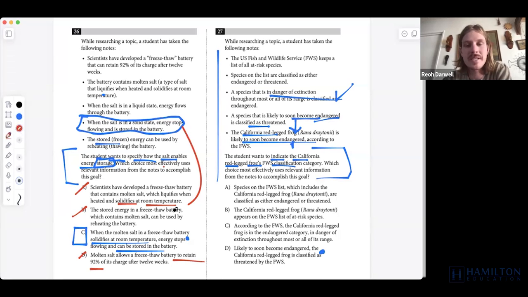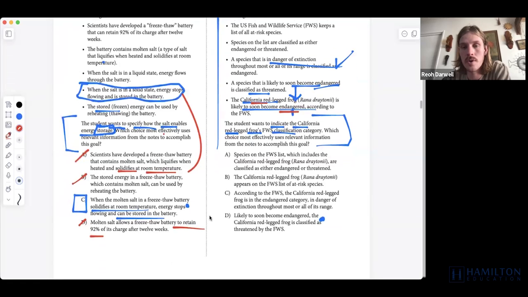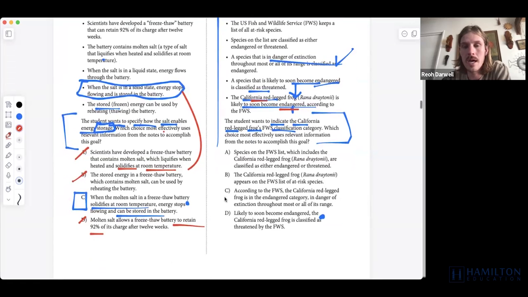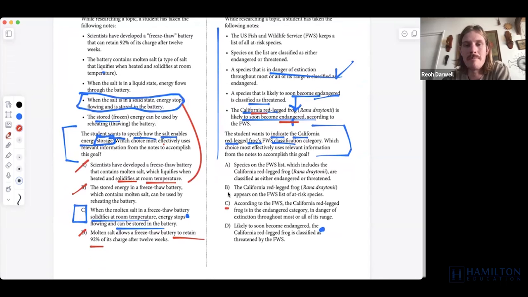If you miss this answer choice, you probably just saw California red-legged frog here and the word endangered there, connected those two, and chose maybe C.